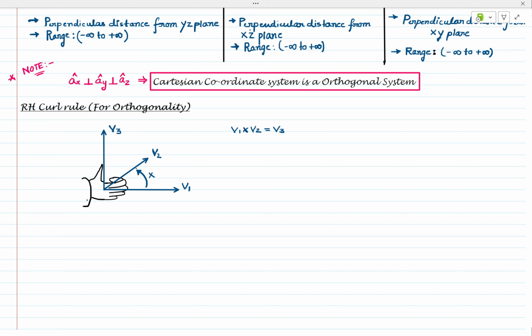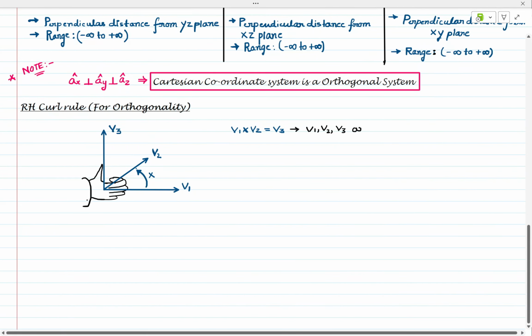If you see the vectors V1, V2 and V3 carefully, these three vectors are orthogonal to each other.